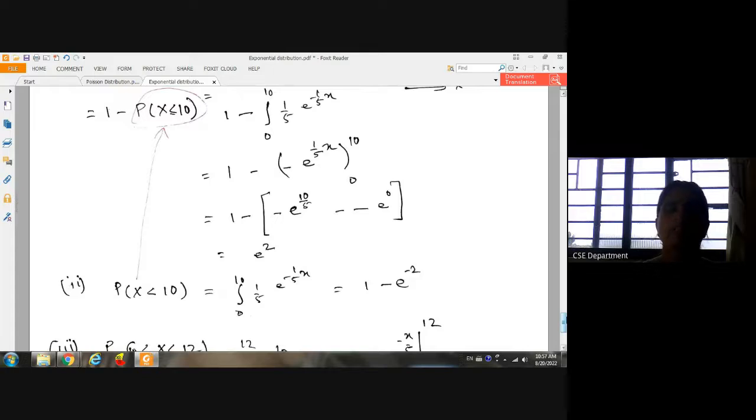You should remember the formula. Once you know f(x), you just do the integration, keeping in mind the limits of integration. For all these problems, keep in mind that the total integral of f(x) over 0 to infinity is 1. That is your exponential distribution.